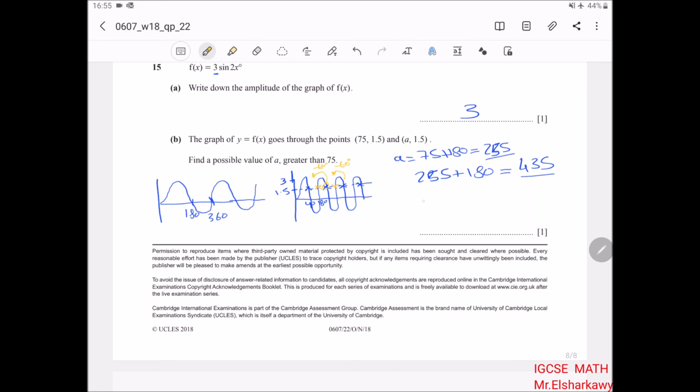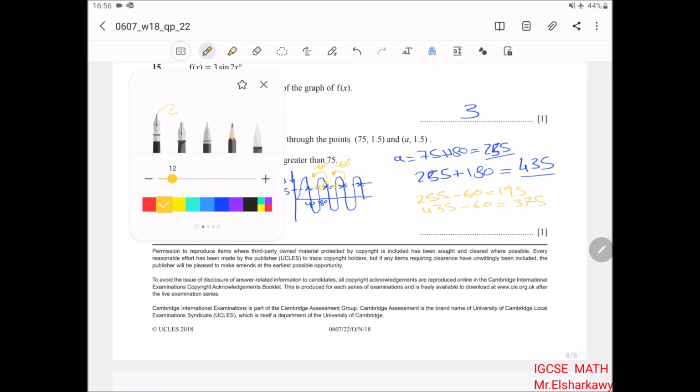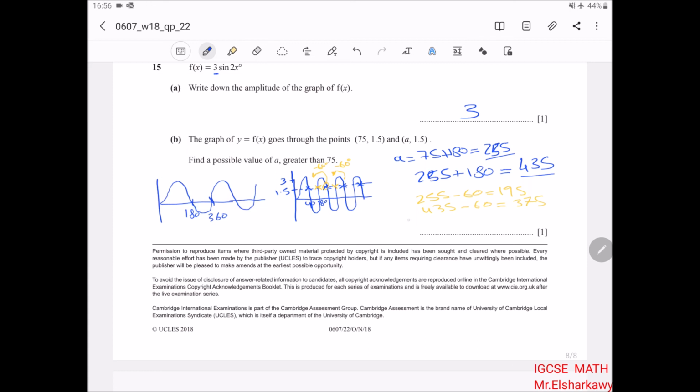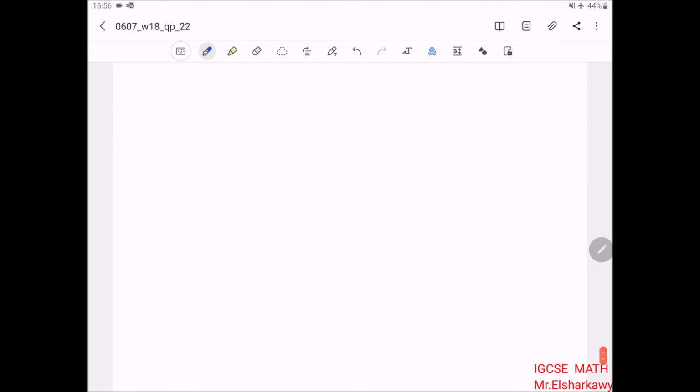So we can also say it can be 255 minus 60, which is 195, or 435 minus 60, which is 375. So those are all possible answers. You can just say 255 or 435 or 195 or 375.